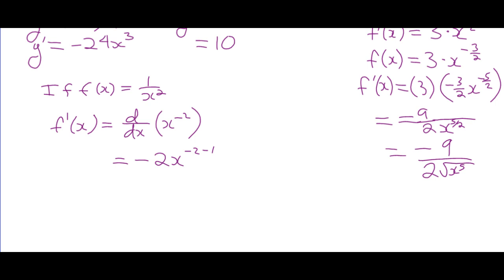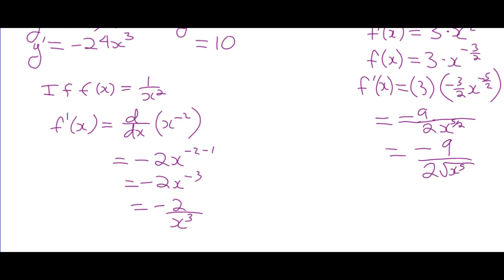You don't have to write that. You could actually just go straight to -2 x to the -3, and then write that as -2 over x cubed. Again, it's just showing a slightly different notation: f prime of x is d by dx of x to the -2, then use power law, and don't leave a negative exponent in the end, move that down there.